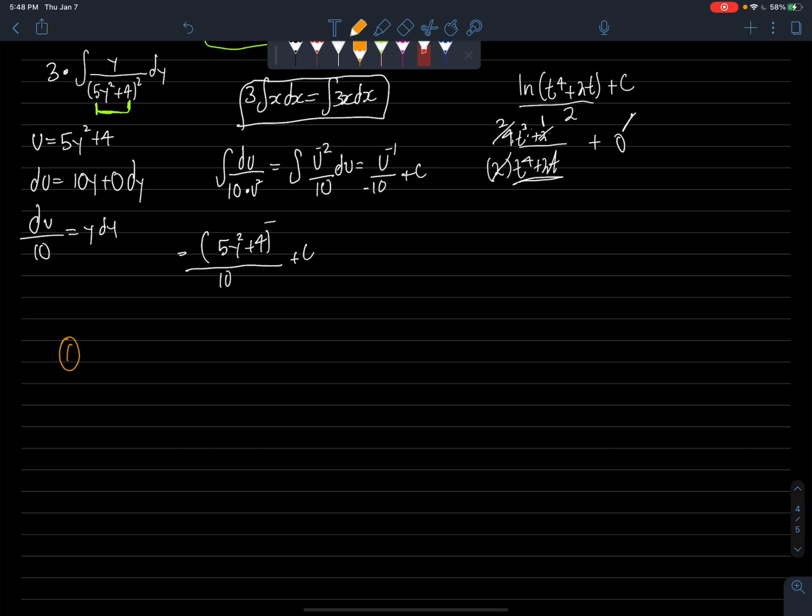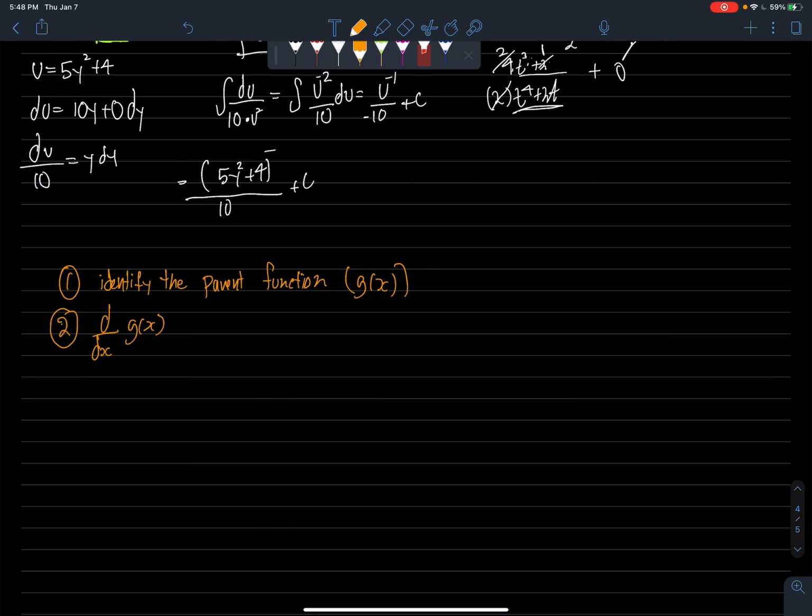So let's write a general procedure for these. First, identify the parent function, meaning identify which one is going to be the g of x. Second, take the derivative of g of x.